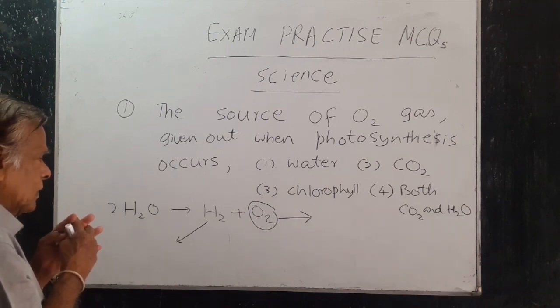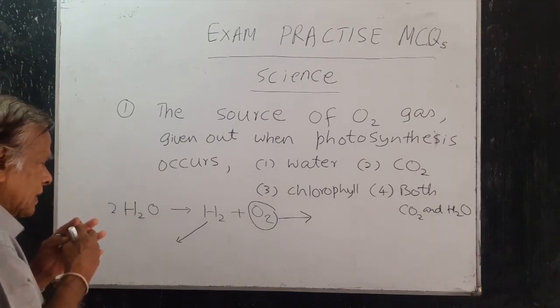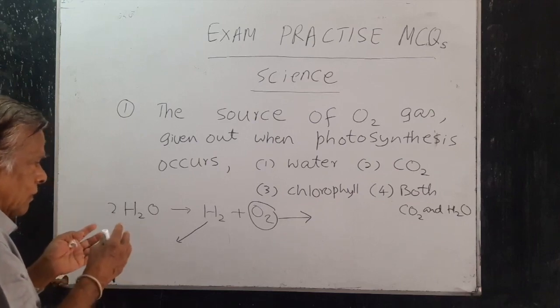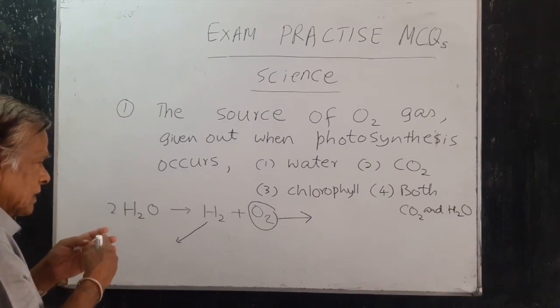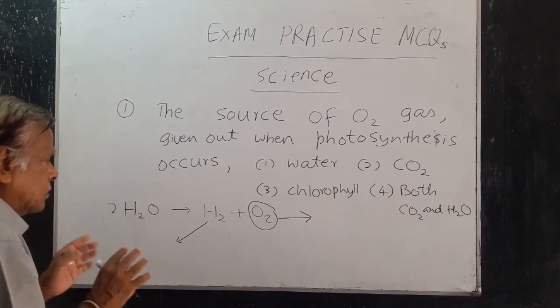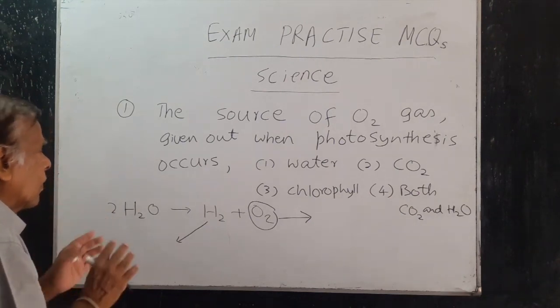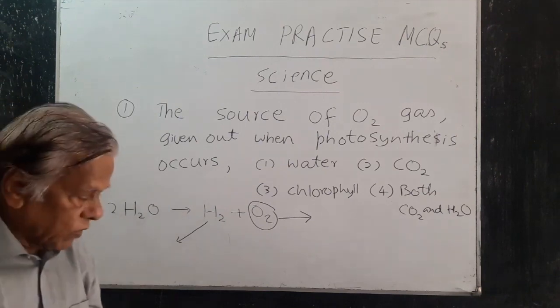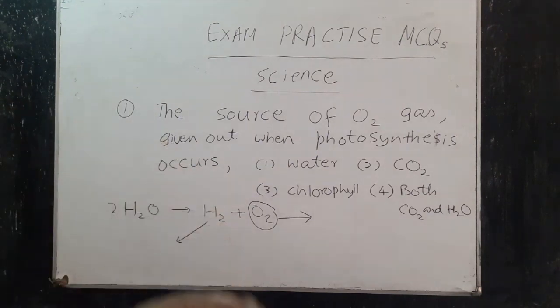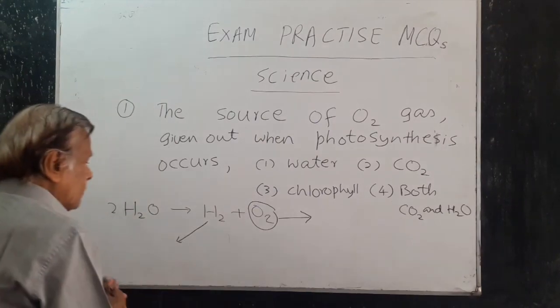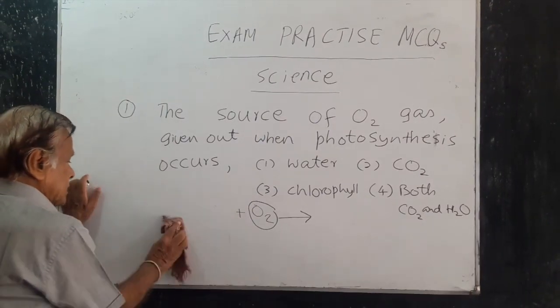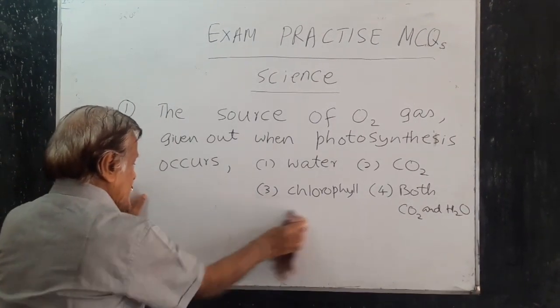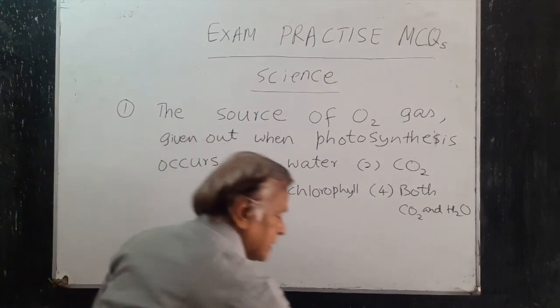Now therefore, oxygen gas given out from the plants is actually coming from water. That is, the source of oxygen given out when photosynthesis occurs is water.